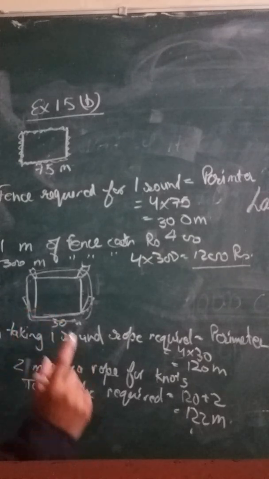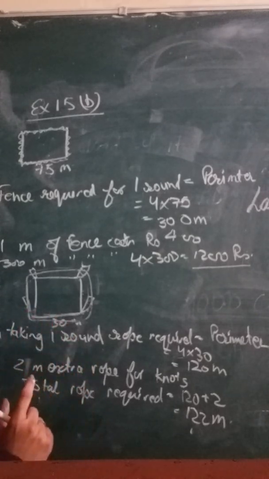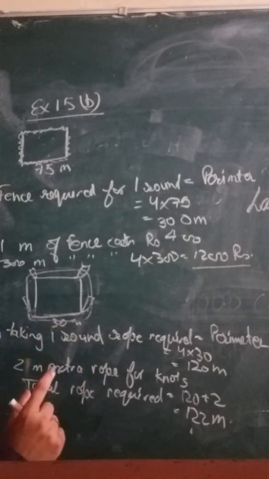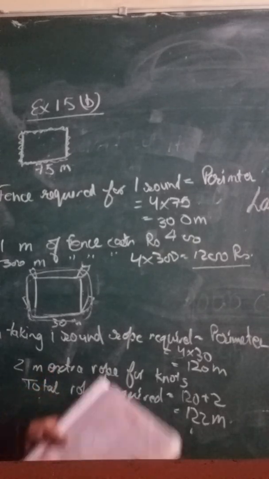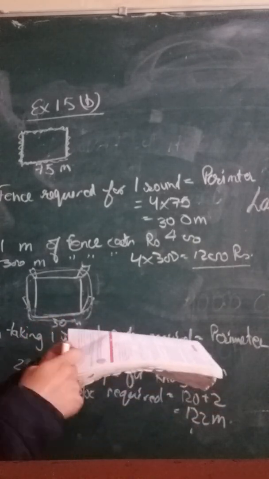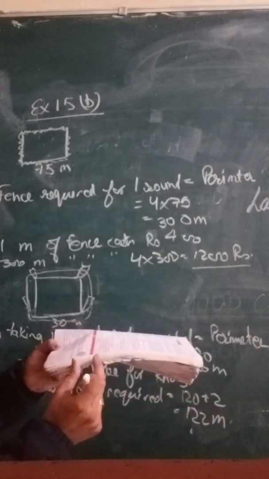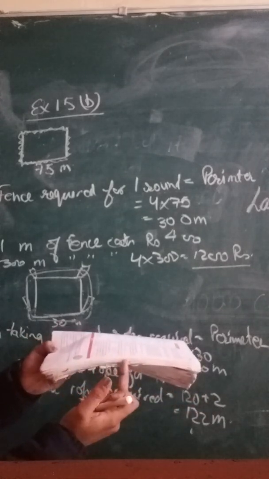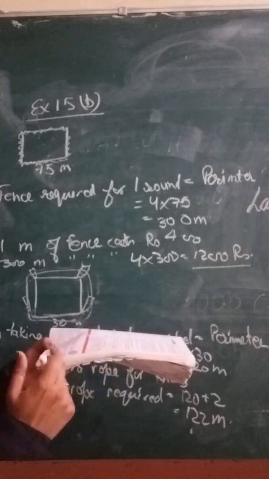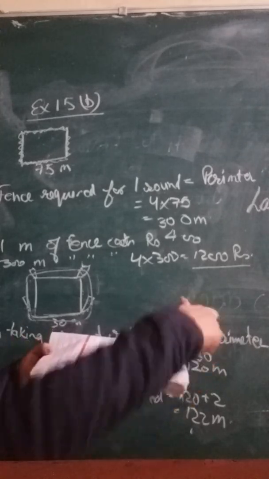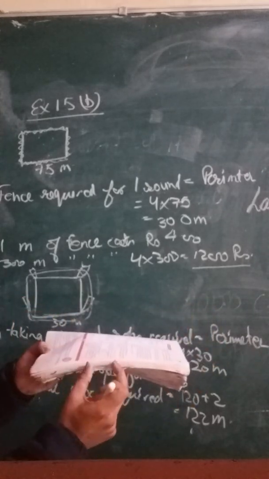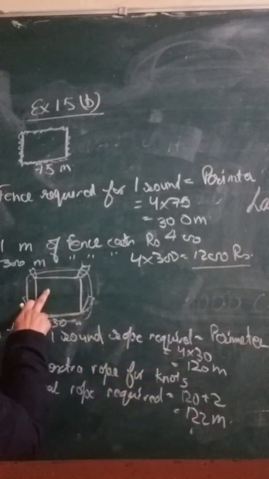That will give you the total length of the rope required. Like in the earlier exercise we did, there was a box lid and we put a tape around it, and about 1 centimeter tape was used for overlapping. So how can we find out the total length? First find out the perimeter and add that overlapping. Similarly we have to do here.